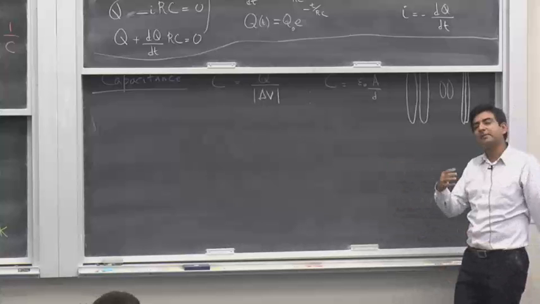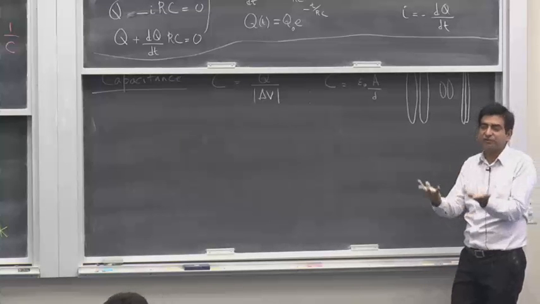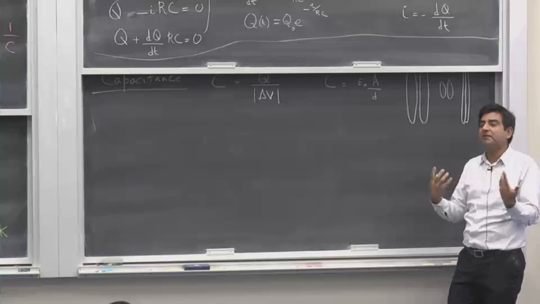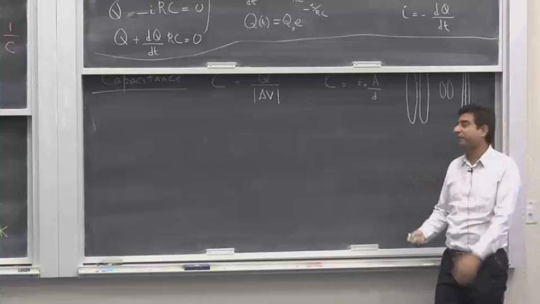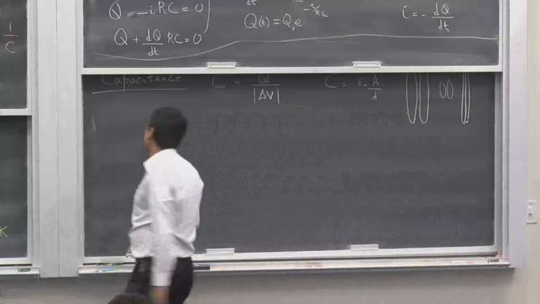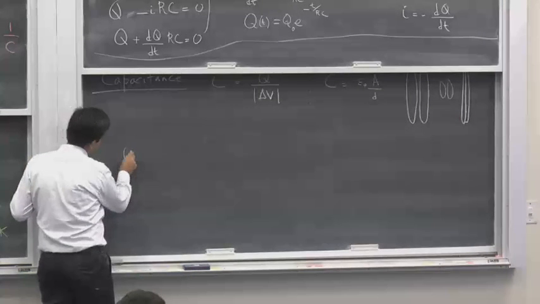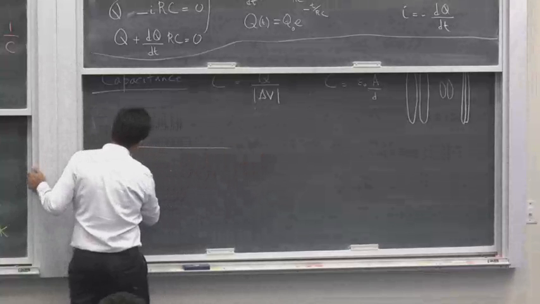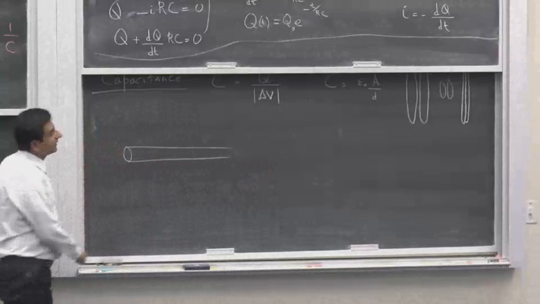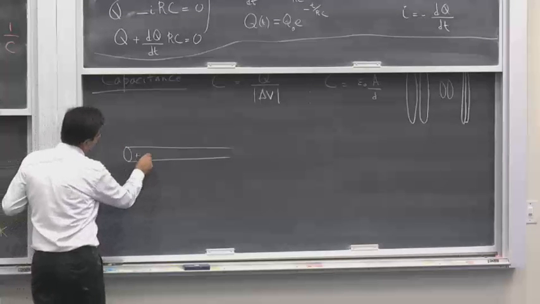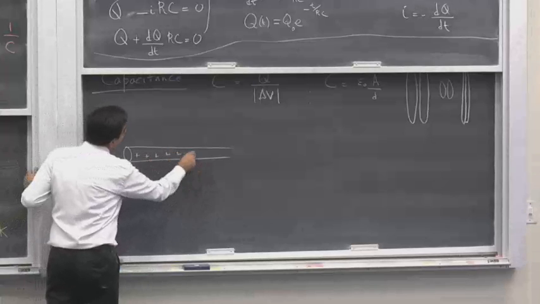Now let's look at some other kinds of construction and find out the capacitance for those devices. For example, let's consider a coaxial cable. We have an inner conductor that is positively charged. It's a long conductor.